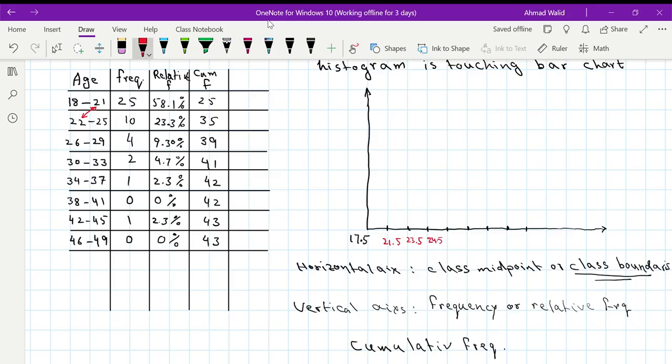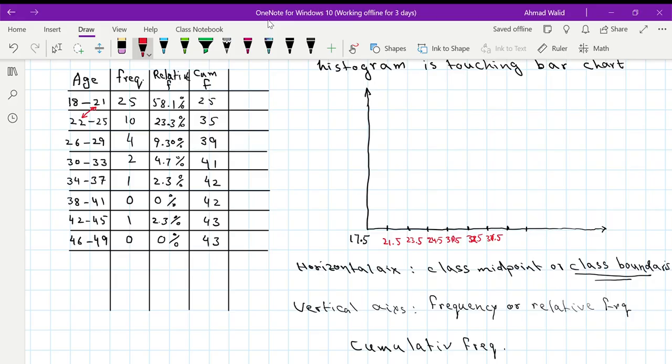Next one will be 31.5. Next one will be 33.5. Next one will be 36.5 or 37.5. 36.5, sorry. This one is 32.5. This one is 30.